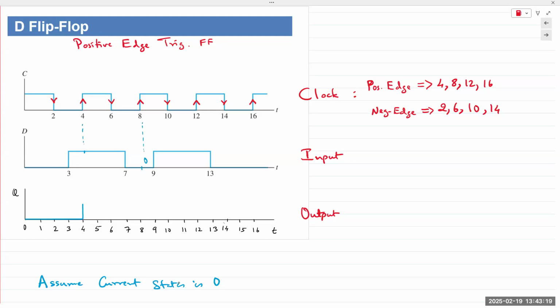Because the output is 0 at 8, it stays at that point until the next positive edge at 12, and the output goes high at 12.